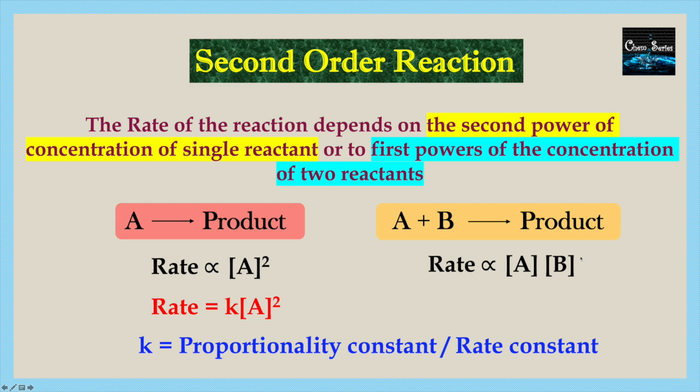So 1 plus 1 will be 2, right? The overall order of the reaction is 2. So it is a second order reaction, and the rate can be written as rate is equal to K into A into B.